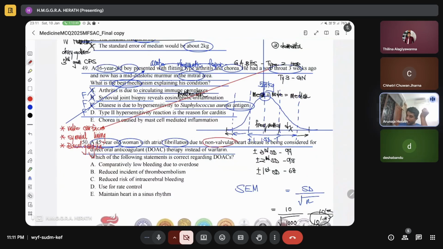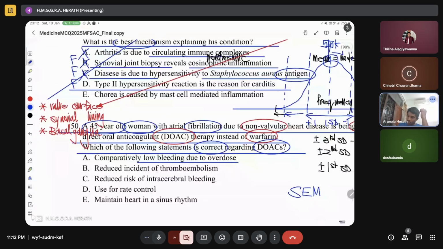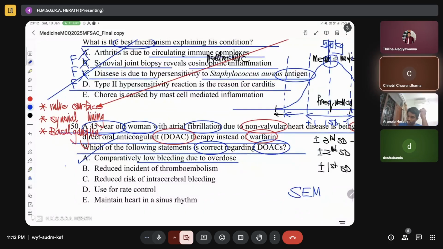Okay, so 45-year-old woman with atrial fibrillation due to non-valvular heart disease is being considered for direct oral anticoagulation therapy instead of warfarin. Which of the following statements is correct regarding DOACs? Comparatively lower bleeding risk due to overdose, true or false? True. Reduced incidence of thromboembolism, true or false?